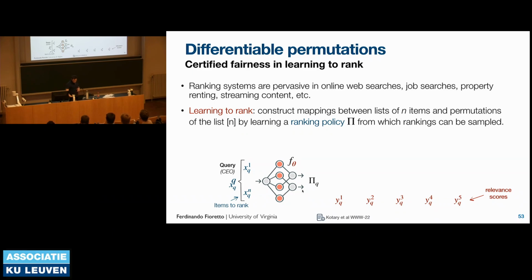Now, what you want to do in this problem of learning rankings is essentially construct a mapping between a list of items that you want to rank and a permutation of this list, right? And there is a function that tells you how relevant each item that you're ranking is with respect to its position. Now, the idea here is to form a ranking policy over which those permutations can be sampled, right?